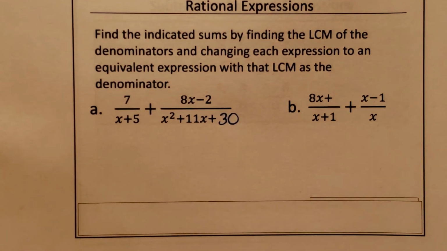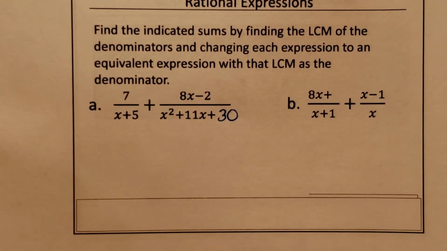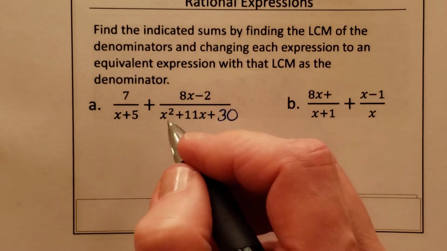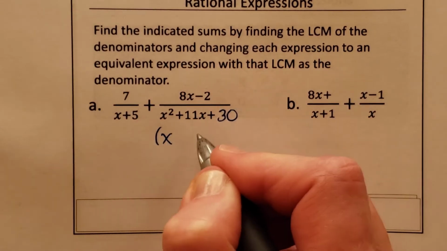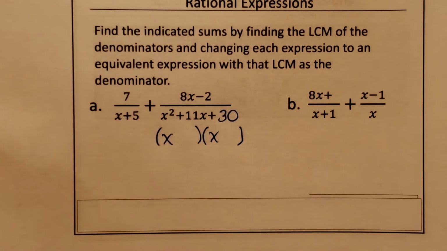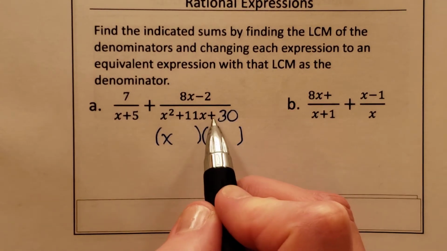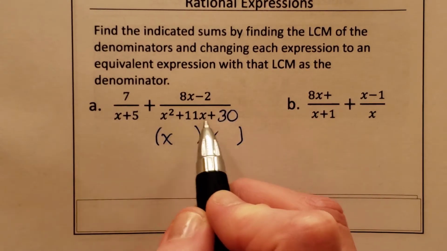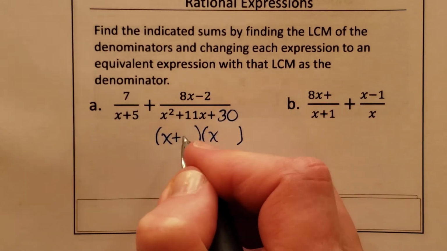I see that pattern over and over again. So the first thing I'm going to do is factor this. Do I have two numbers that multiply to give me 30 and add to give me 11? The signs are the same and both are positive. So my two factors are 6 and 5.